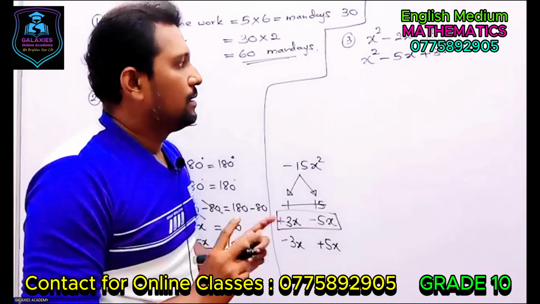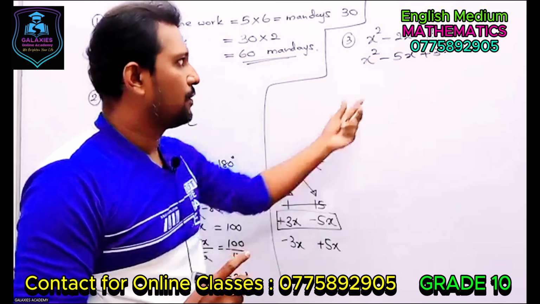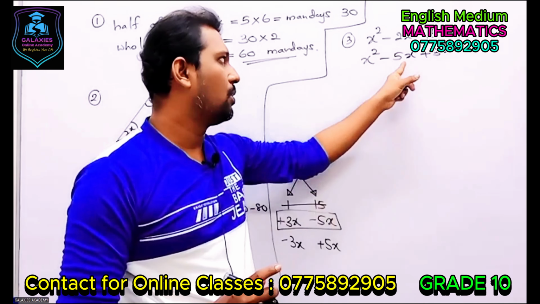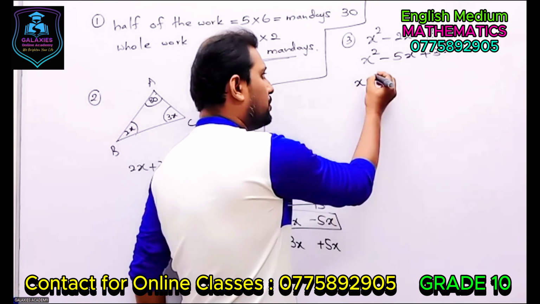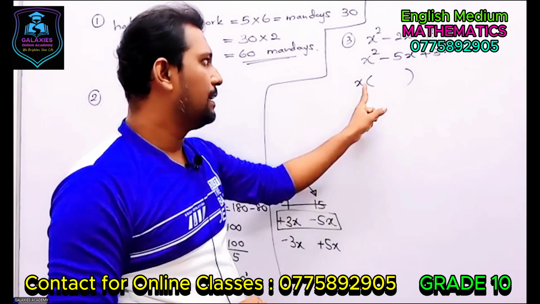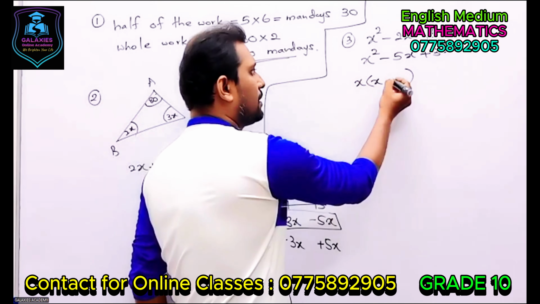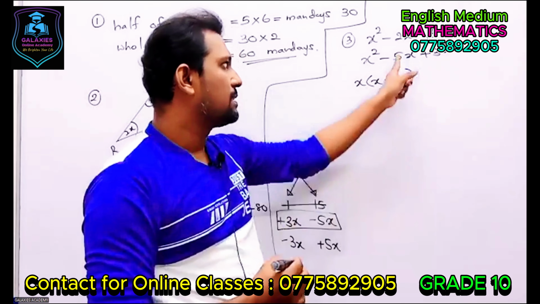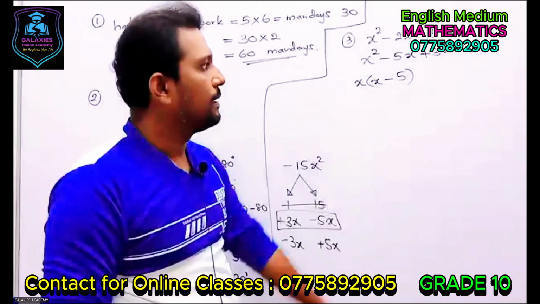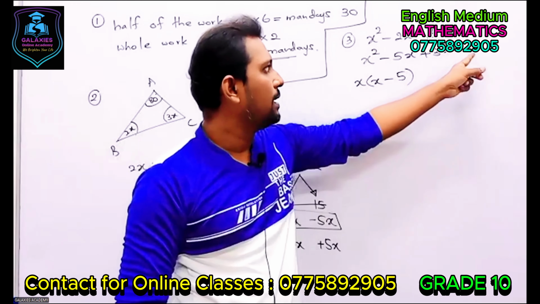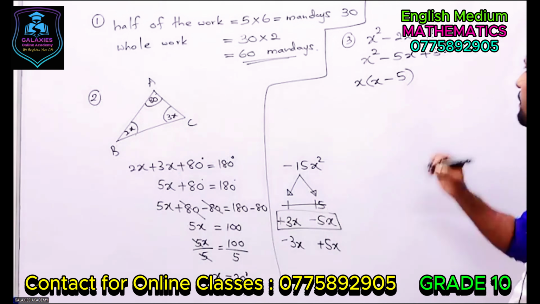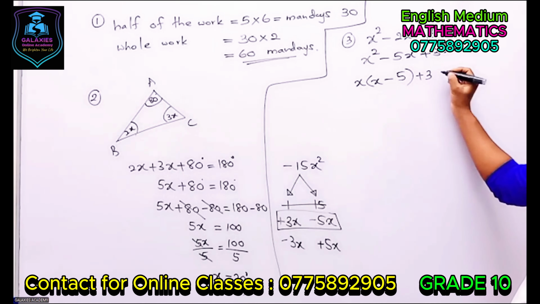Then we can find the factors of the first two terms. What is the common factor for first two terms? X common. So you can take outside the bracket x. Then from this term remaining x, minus from this term remaining 5. Right? Then these two look at the common term you can see 3. Which 3 common? Plus 3. So positive 3 I can take outside the bracket.